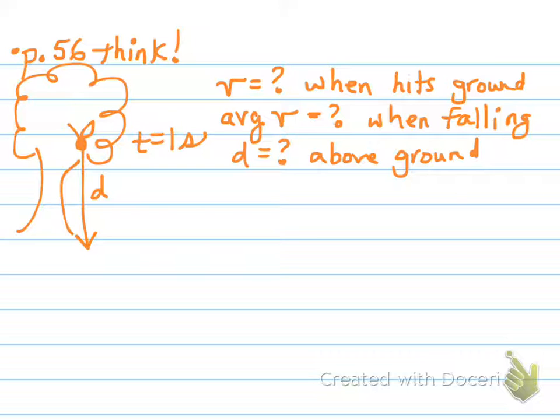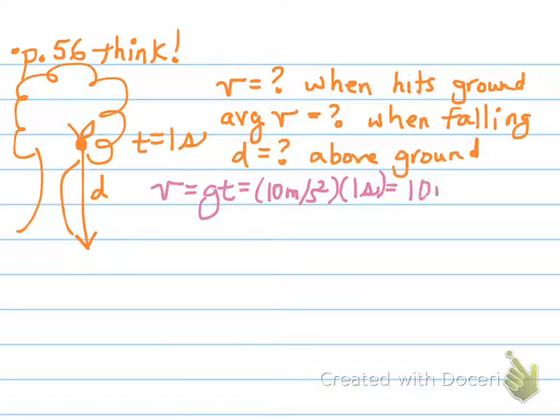So let's do, okay, our instantaneous velocity first, right? Our equation for instantaneous velocity is g times t. So it's 10 meters per second squared times our time, which was just 1 second. So it's 10 meters per second, and it would be downward, right, to make it a vector quantity. Next, let's look at our average velocity or average speed.